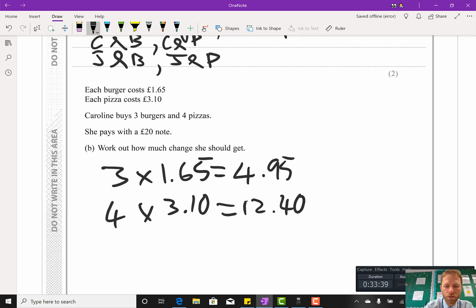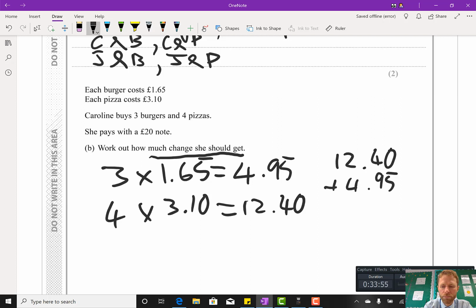Exam technique, always read the question again. Work out how much change she should get. So at this point, it is worth saying, okay, £12.40 plus £4.95 is £17.35. At this point, this question is worth 3 marks.